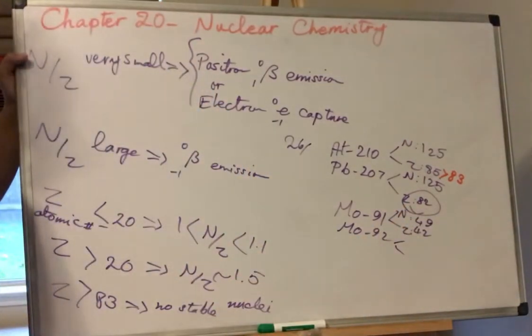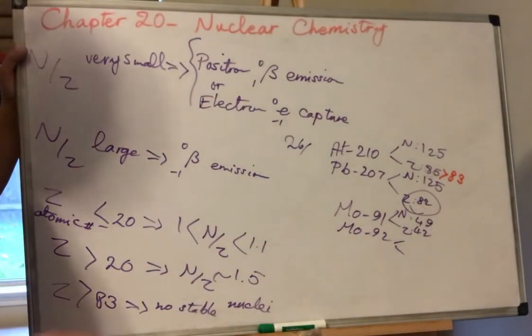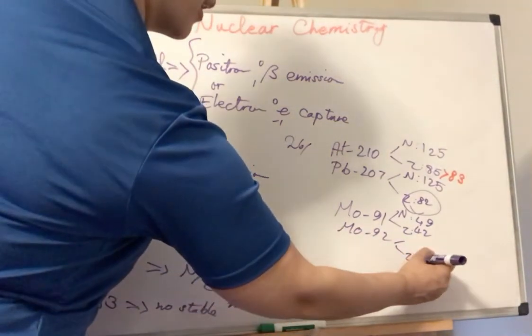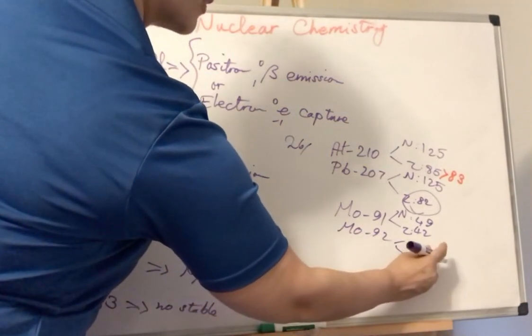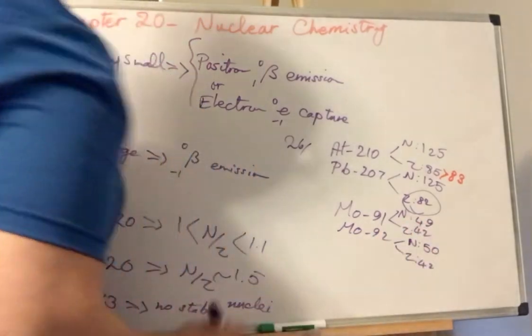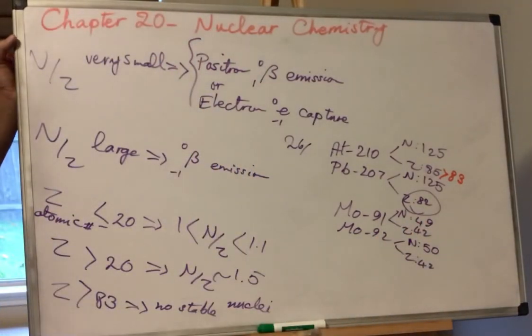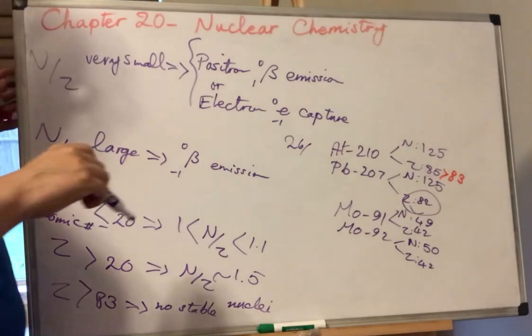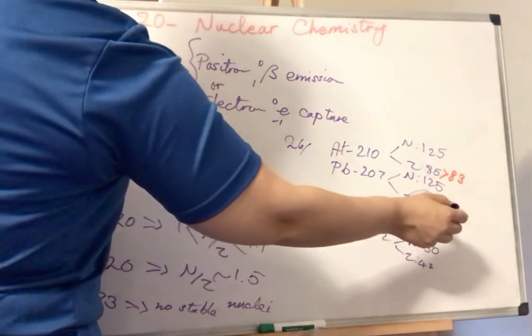And molybdenum 92 has 42 protons and 50 neutrons. So molybdenum 92 is more stable because it has a magic number of neutrons.